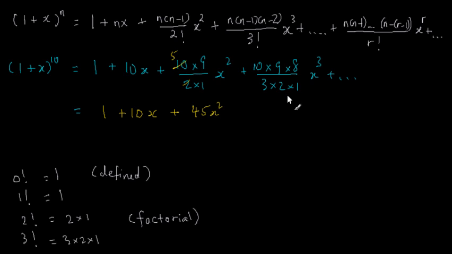And in this case, 9 divided by 3 is 3, and 8 divided by 2 is 4. 3 times 4 is 12, and 12 times 10 is 120 x cubed.